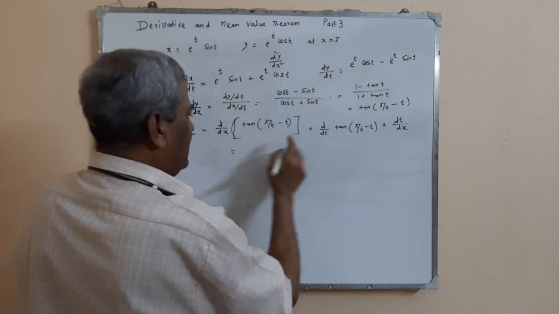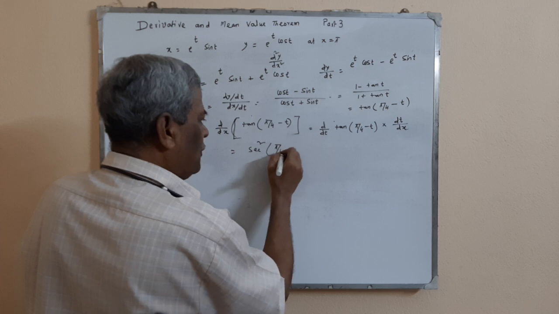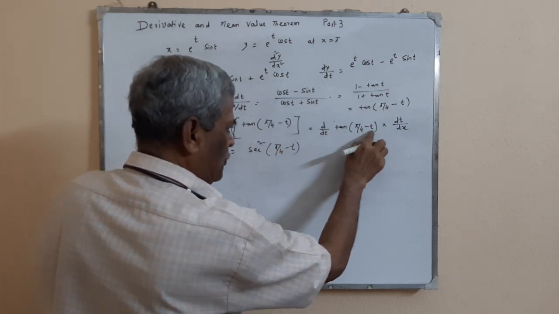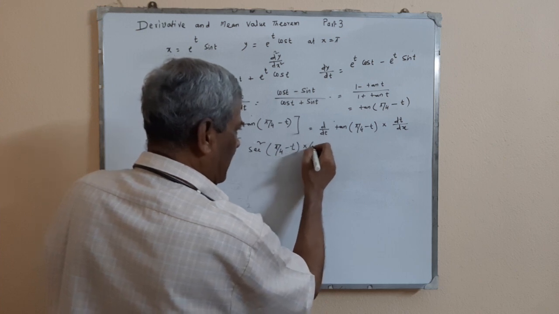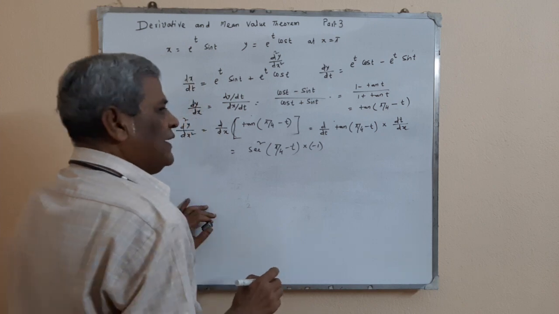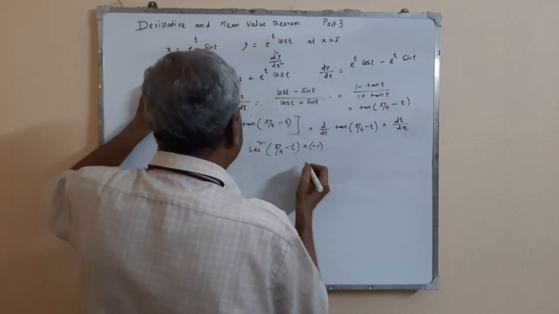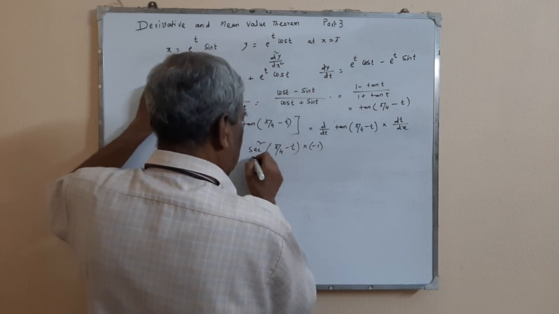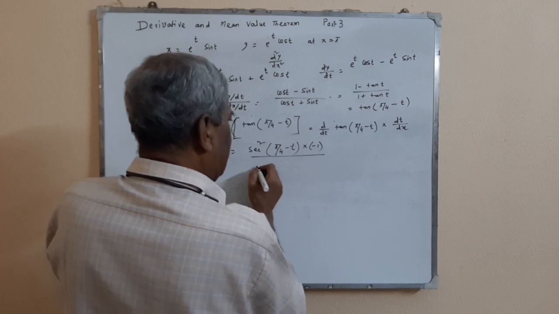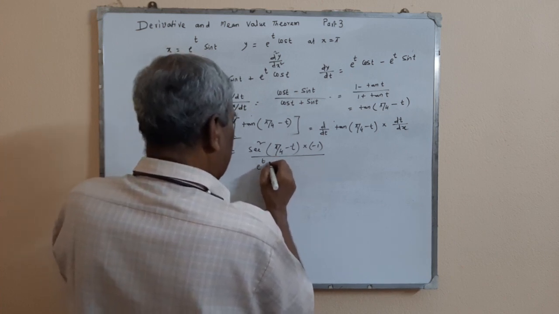The derivative of the tan function is sec square: sec square of pi by 4 minus t into minus 1, because the derivative of this is minus 1, into dt dx. dt dx is 1 by dx dt, so that it is equal to e to the power t into sin t plus cos t.